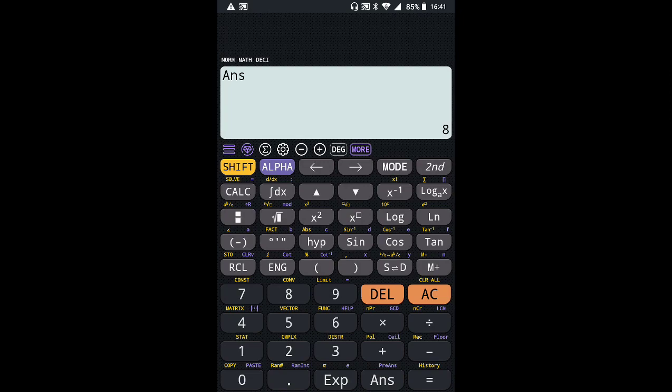We have 78732, and then we divide that by 4.